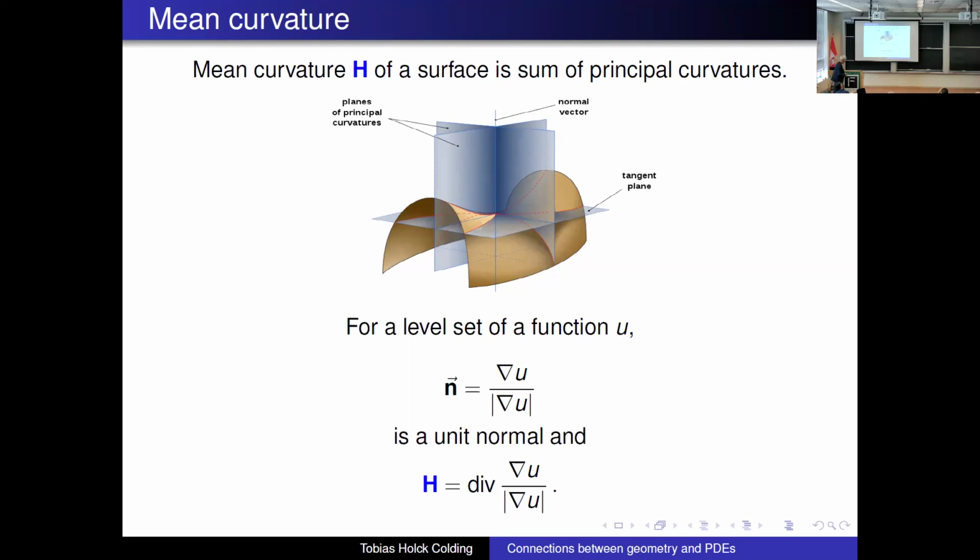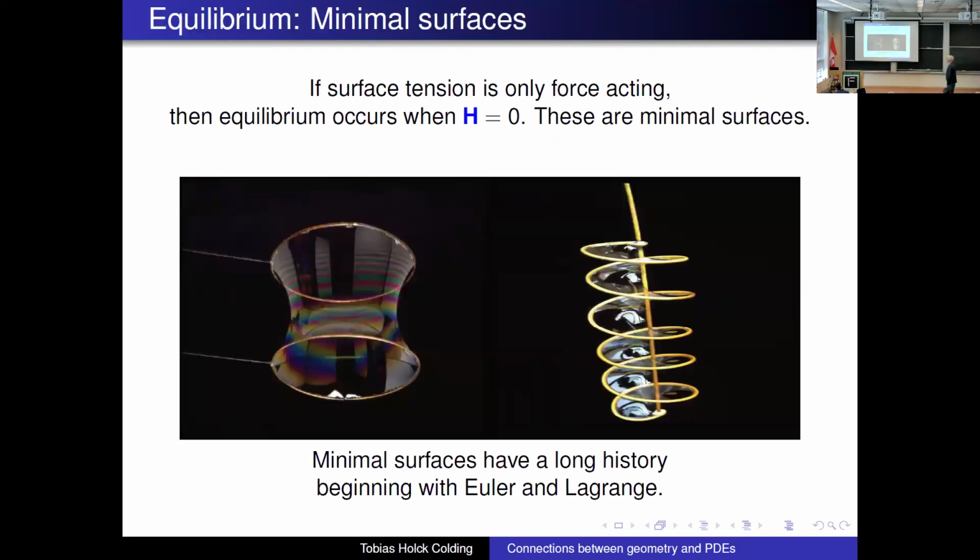The mean curvature is going to play an important role in the equations that we were looking at. As Rick was talking about, minimal surfaces are where the mean curvature is 0.